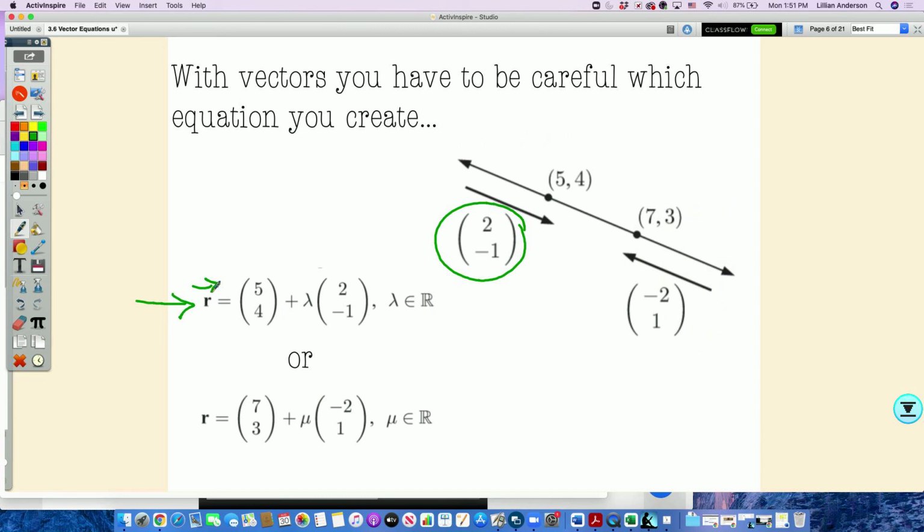But if I use 7, 3 as my fixed point, then I'm technically going in the opposite direction, which means that I would need to negate the direction vector, okay? So be cautious of which point you use as your fixed point. A good rule of thumb, use the first point that's given to you. That way you won't have to worry about negating the vector because you're going in the opposite direction, okay?